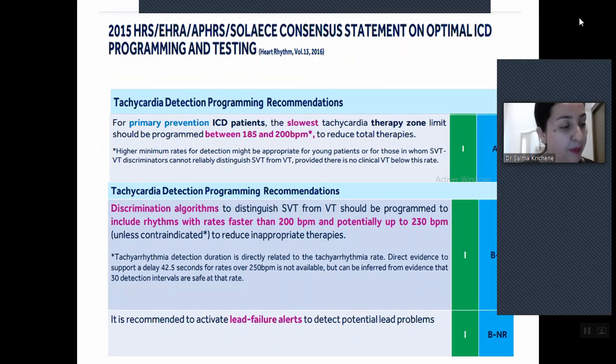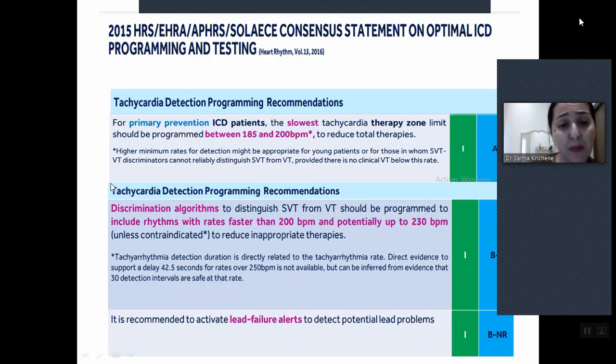So we have the recommendations, the consensus of learned societies for primary prevention ICD patients. The slowest tachycardia therapy zone limit should be programmed between 185 and 200 beats per minute to reduce total therapies.